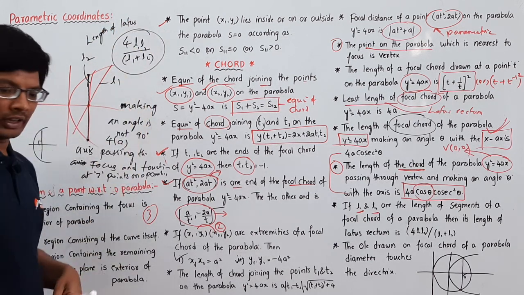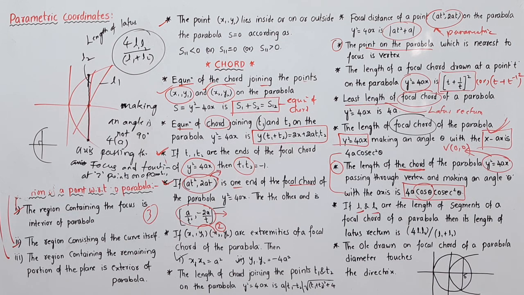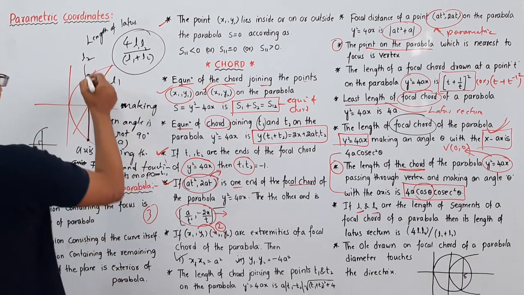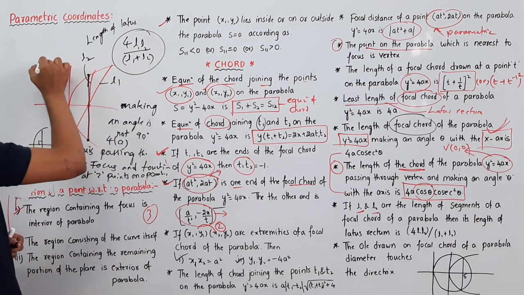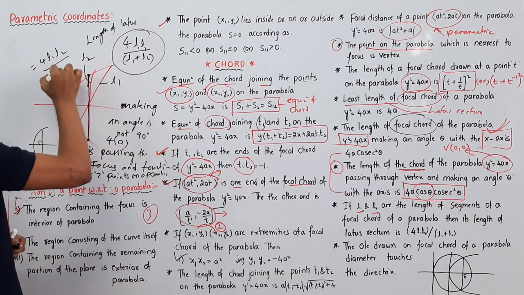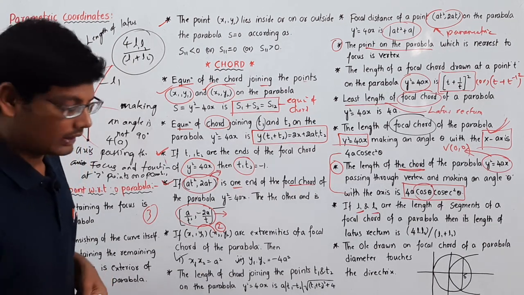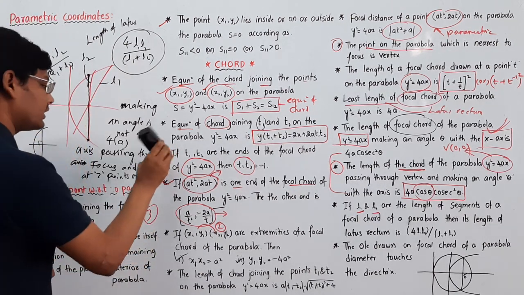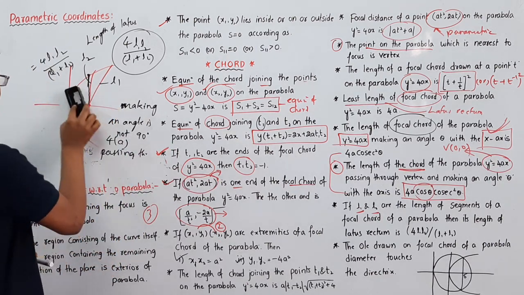Remember this point: when two lengths of a focal chord that is not perpendicular to the axis are given, the formula is 4 L1 L2 divided by L1 plus L2.